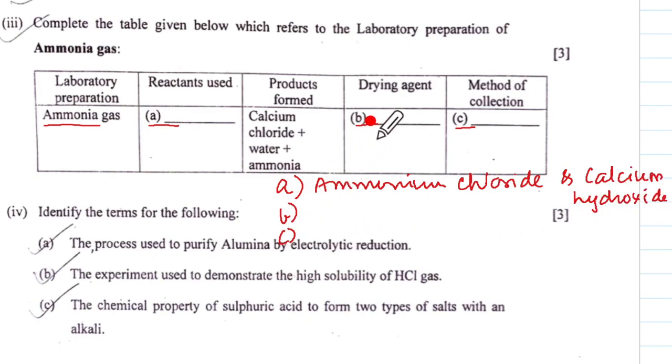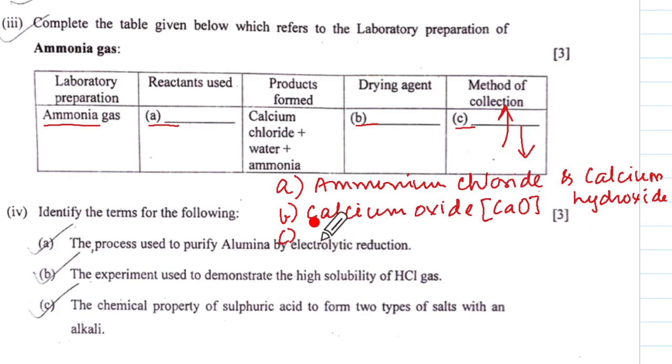Correct? B is drying agent. The ammonia being basic, it will have calcium oxide, which is CaO. That would be the drying agent as it's hygroscopic. Method of collection in the lab: ammonia is lighter, so it will rise and air will come down. So it will be by downward displacement of air.